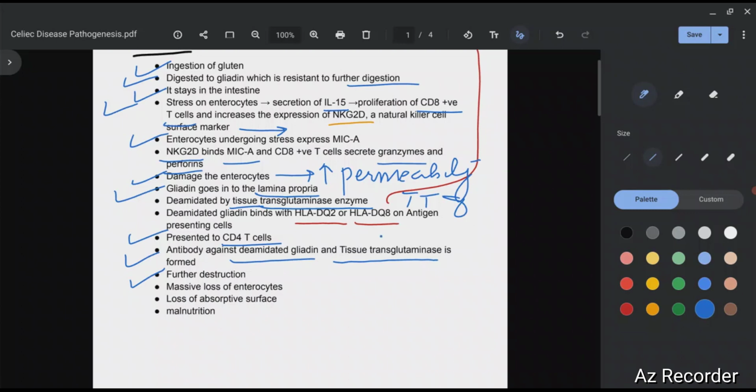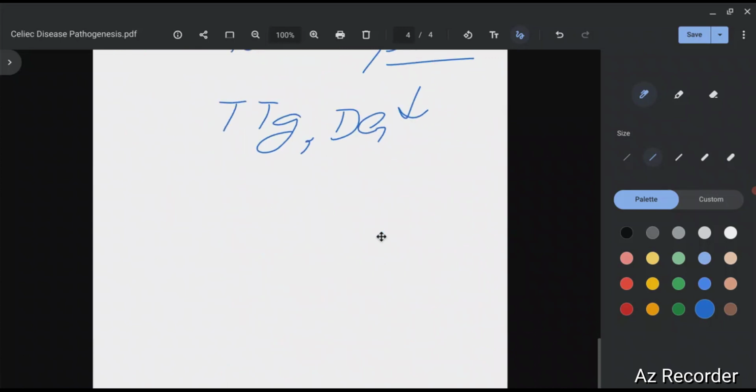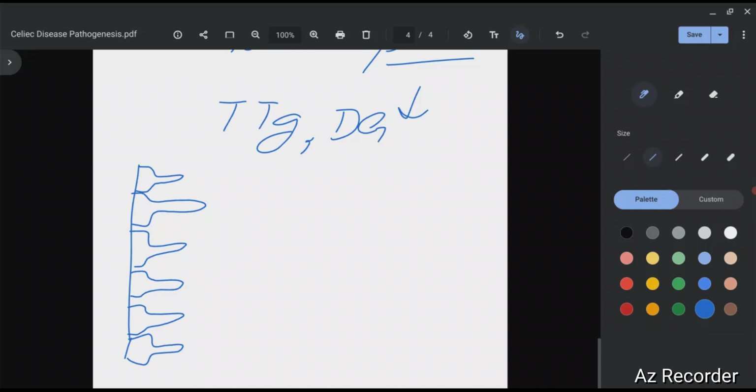Okay, so very important. So you know that on the enterocytes you have villi like this. Okay, and there are so many villi in your enterocytes, and you have so many enterocytes in your intestine. Okay, so obviously gliadin is not going to attack one or two enterocytes, it's going to cause massive loss of enterocytes.